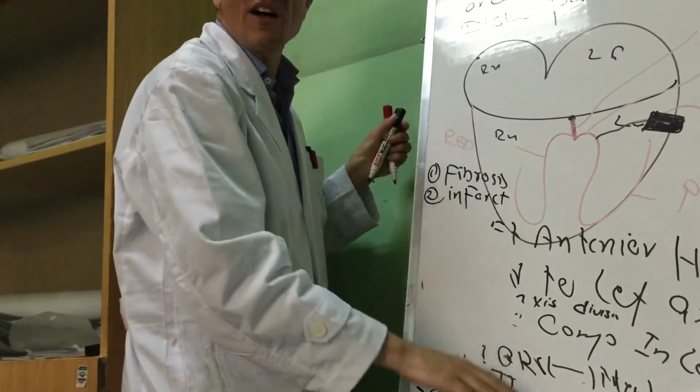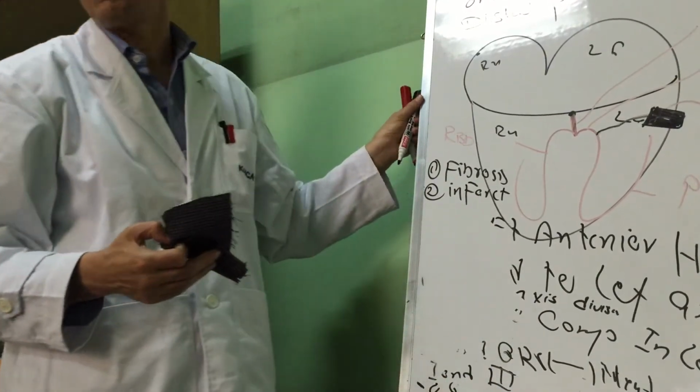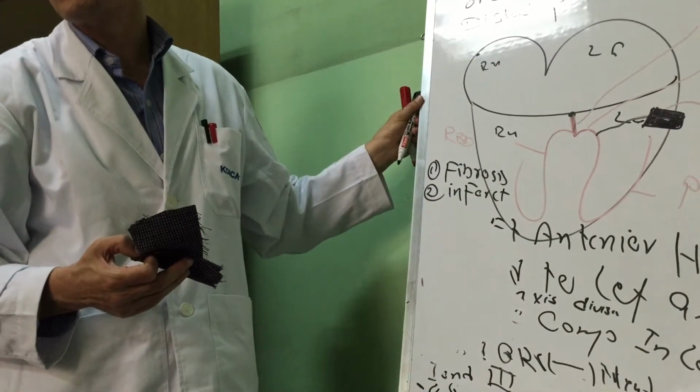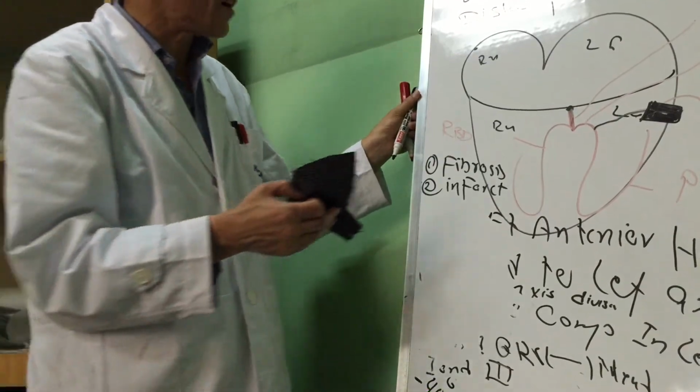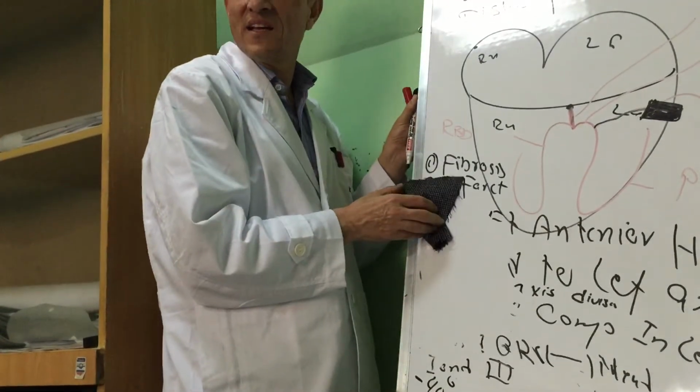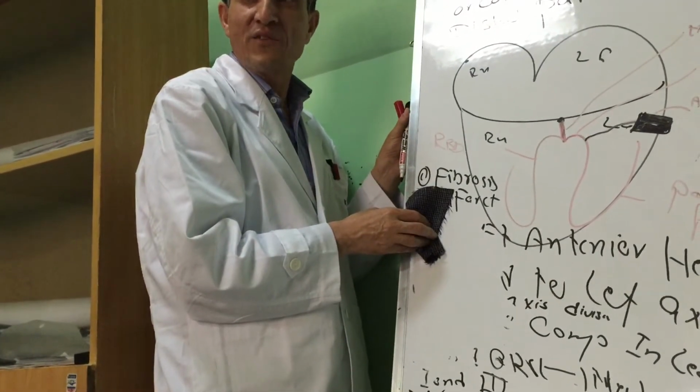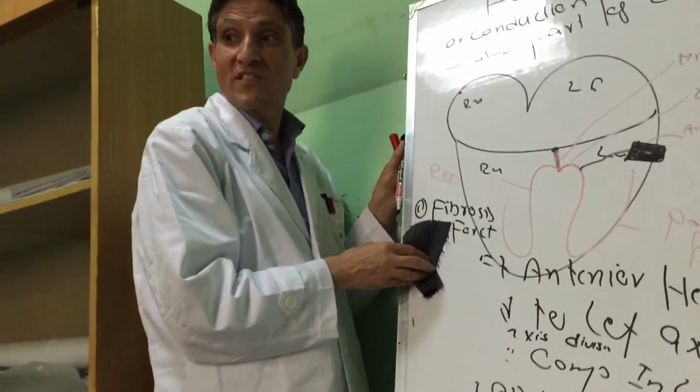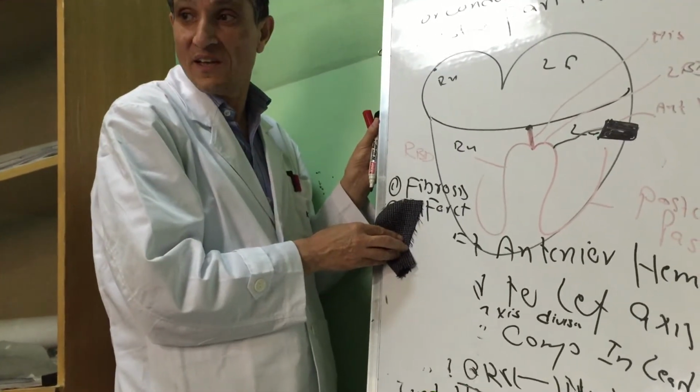These are the two most common causes of left anterior fascicular block. Particularly inferior wall infarction is the commonest cause of left axis deviation.